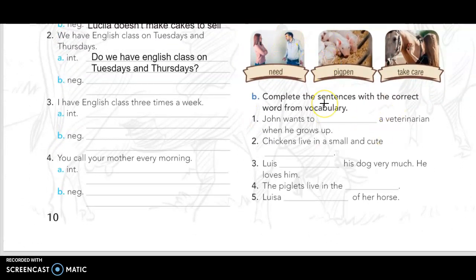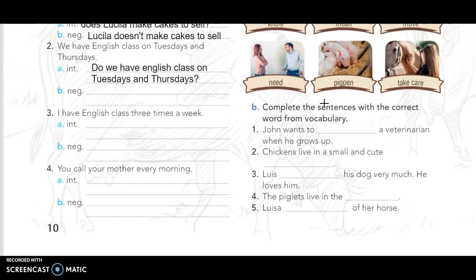Utilizando estas palabras que están en la parte de arriba, vamos a responder correctamente con la palabra correspondiente las siguientes oraciones. John wants to. ¿Saben qué significa want? Want significa querer. Como estamos hablando de John, le agregamos S al verbo y nos queda John wants.